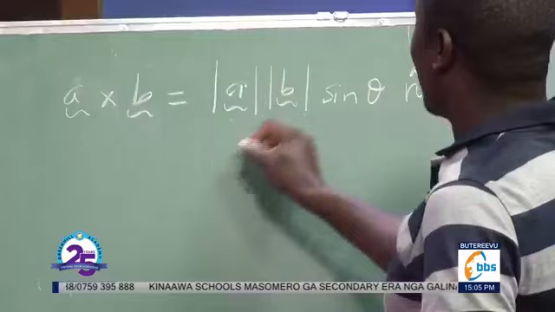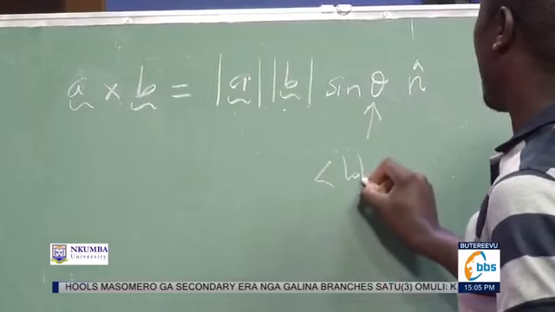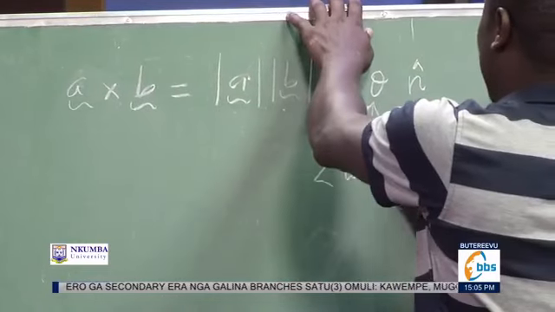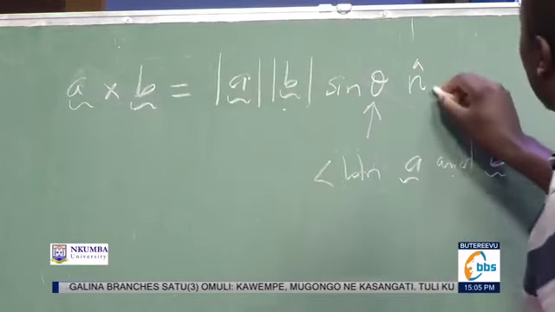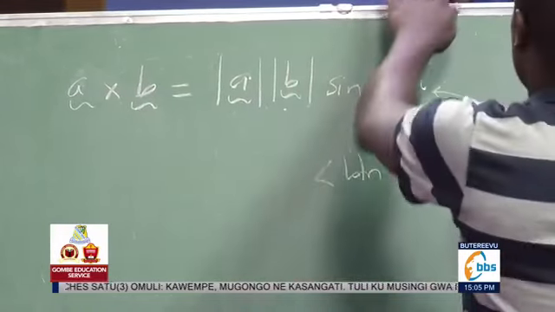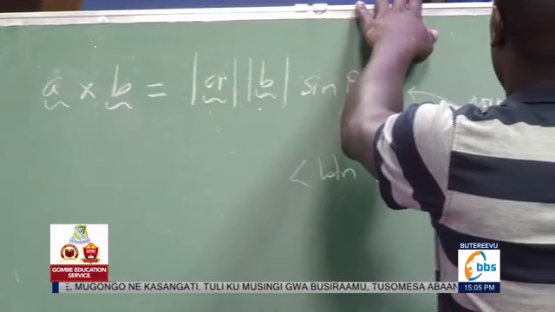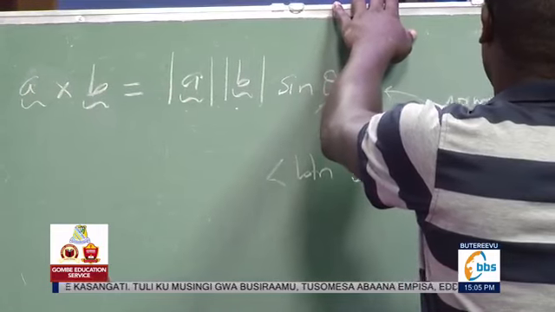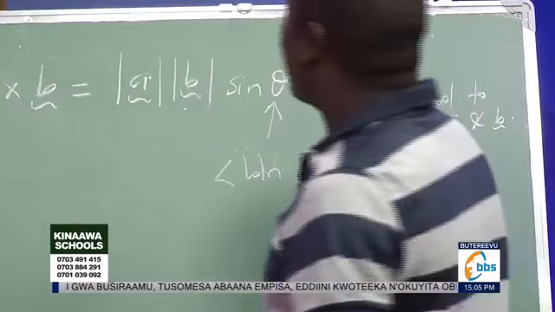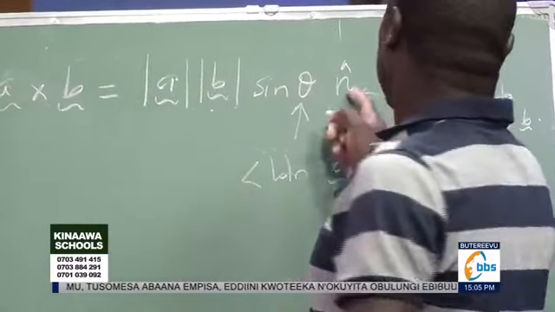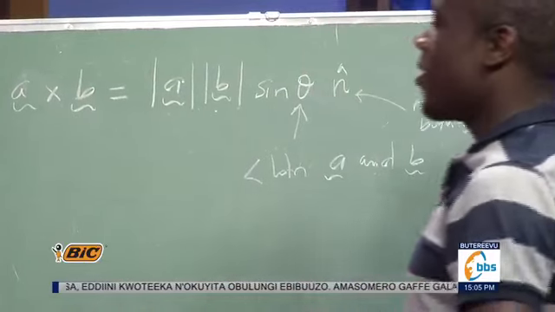Theta is the angle between the vectors A and B. And n cap is a unit vector normal to both A and B. That means it is perpendicular to A and also perpendicular to B, and it has magnitude 1 unit.